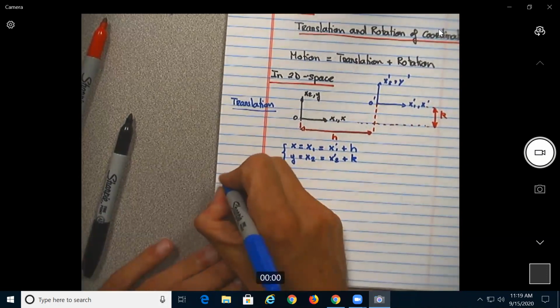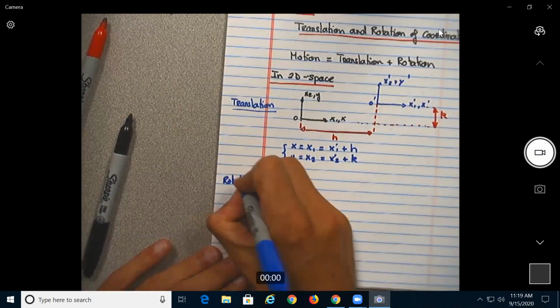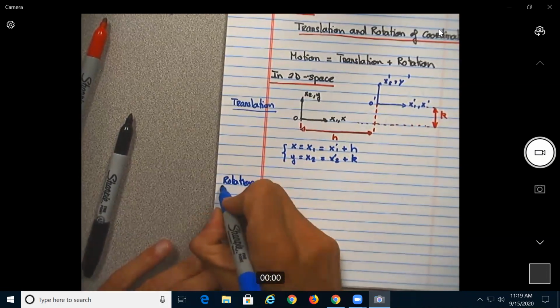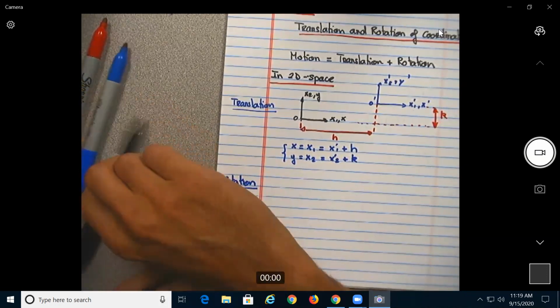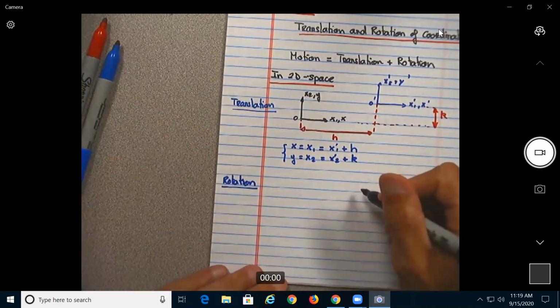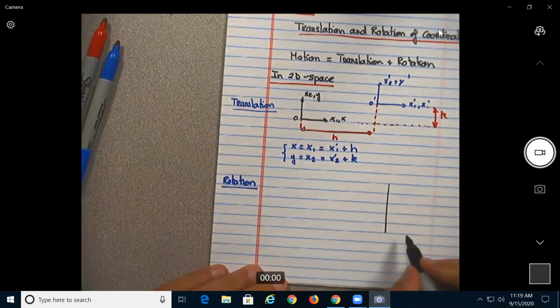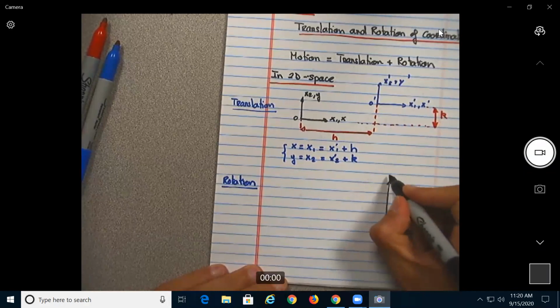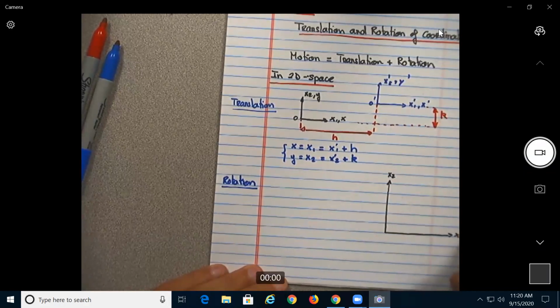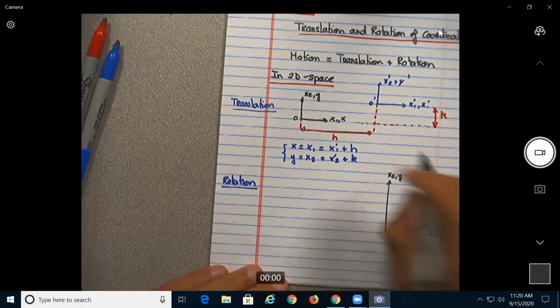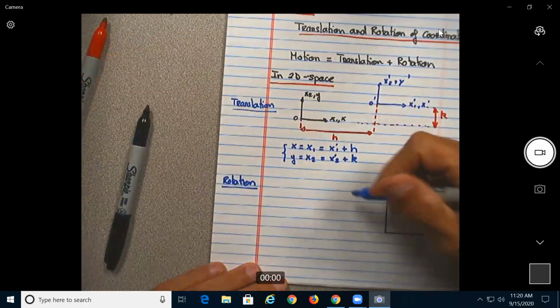Now, if we just look at the rotation, we have here x1, x2, or x and y. Now we're going to rotate this.